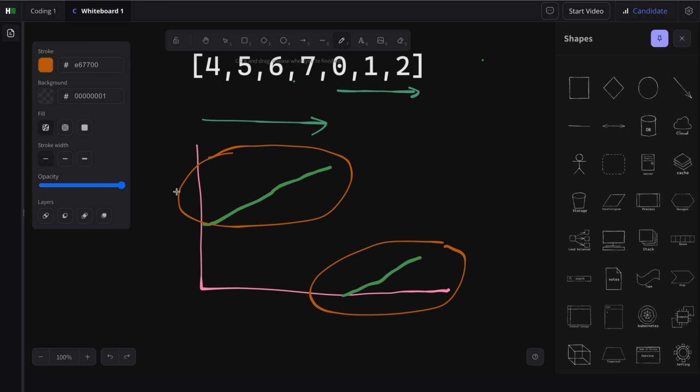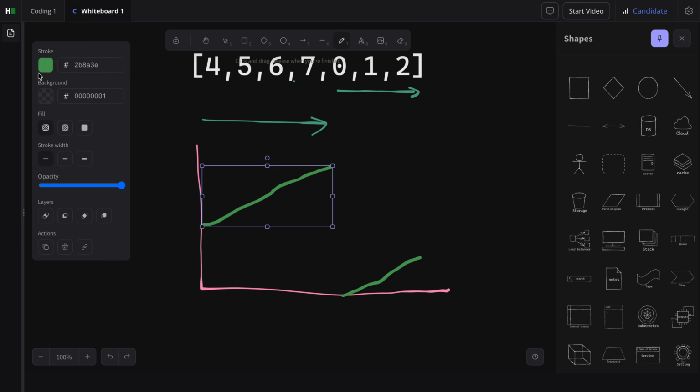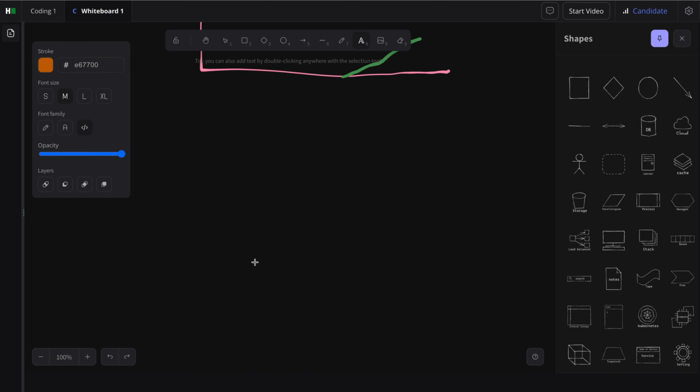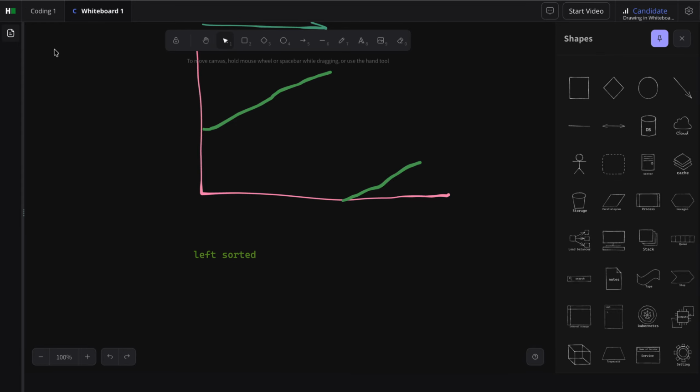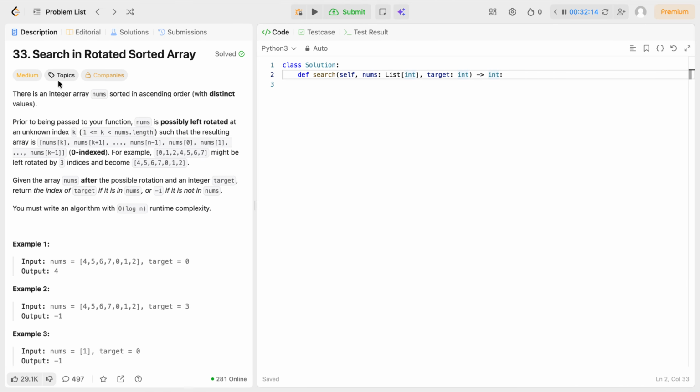Okay, so let's write that down. Let me write that down somewhere here. So we have a left sorted, and a right sorted.